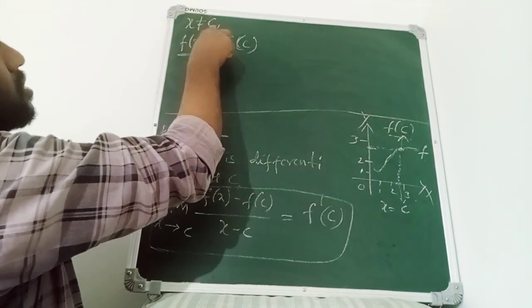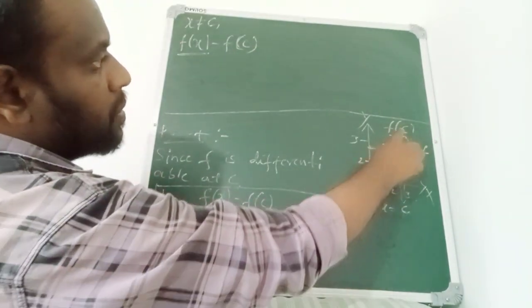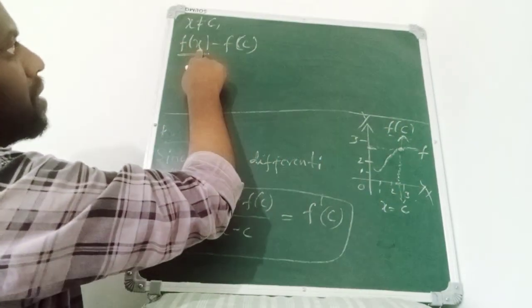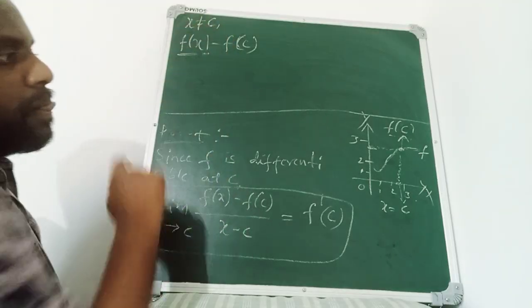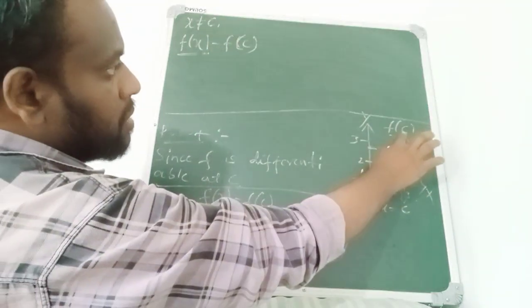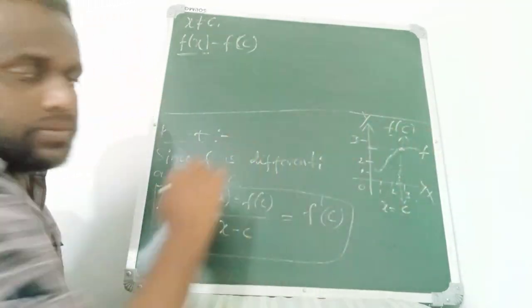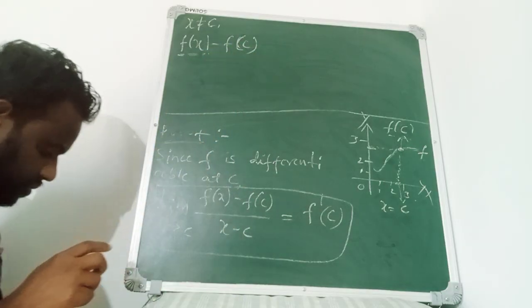So when x is not equal to C, f of C is not there. Now we have to subtract this f of C from f of x. So when x is not equal to C, we subtract f of C from this function, and I have written f of x minus f of C.